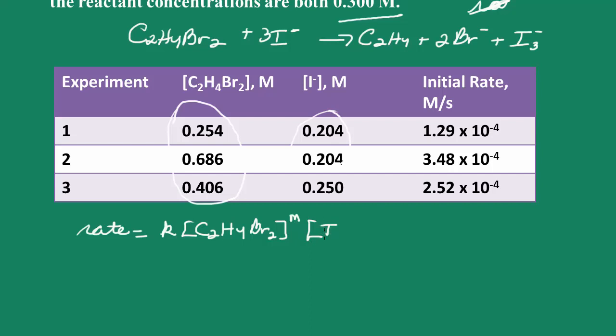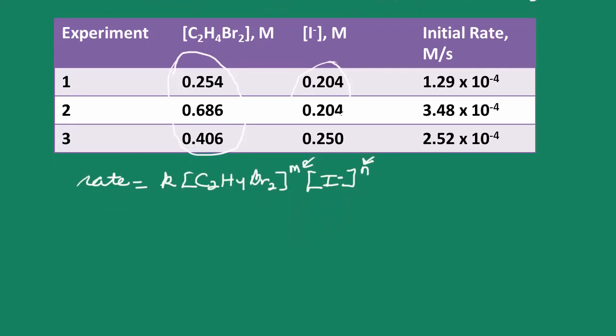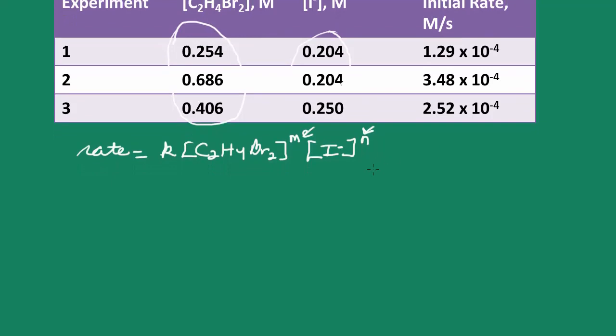And then here we have the iodide ion, and that'd be to the n power. So what we need to do is find both m and n, which correspond to the order with respect to each of the reactants. So let's go ahead and do that.